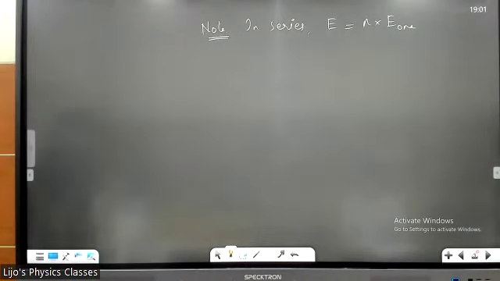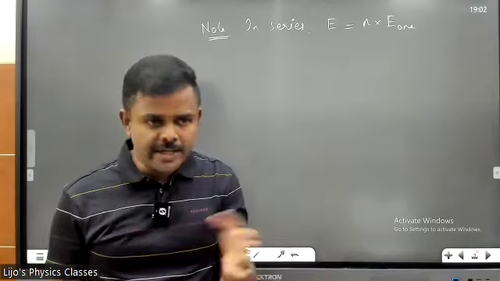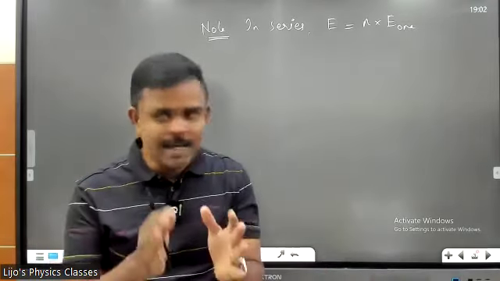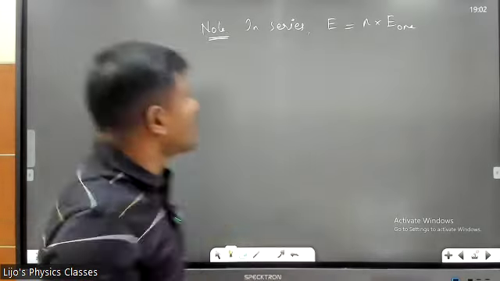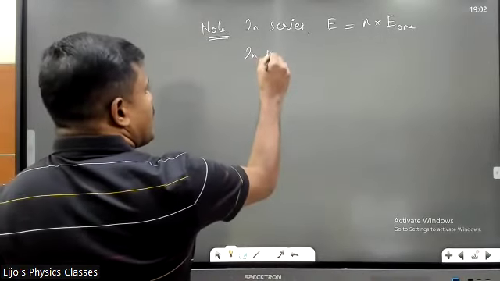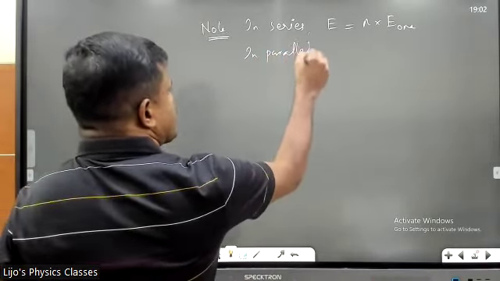In series combination, what is the effective EMF? N into E1. For example, one cell is 1.5, 2 cells will be 2 into 1.5, 3 cells will be 3 into 1.5, 10 cells will be 10 into 1.5. So depending upon your requirement, you can add more and more cells. Now, in parallel, you can try this at home today.